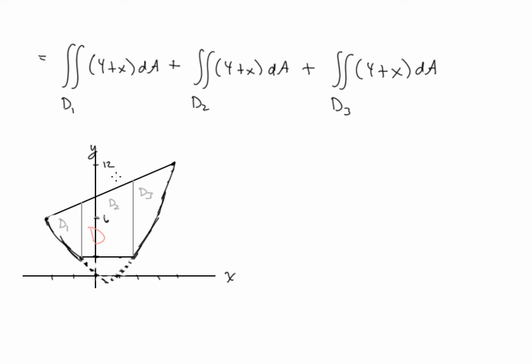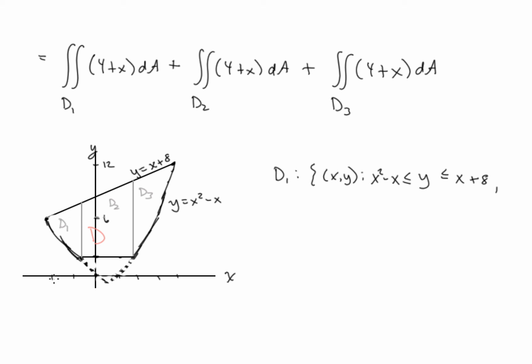This top equation here is y equals x plus 8. This is y equals x squared minus x, both sides here. So D1 is xy such that we've got y going from, on the bottom, x squared minus x, and on the top, x plus 8.